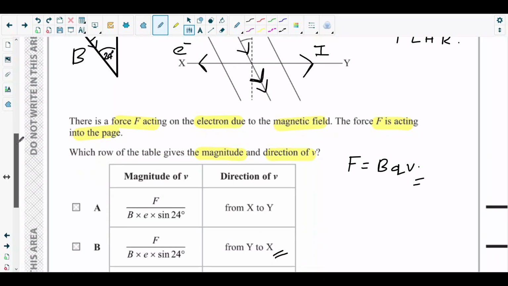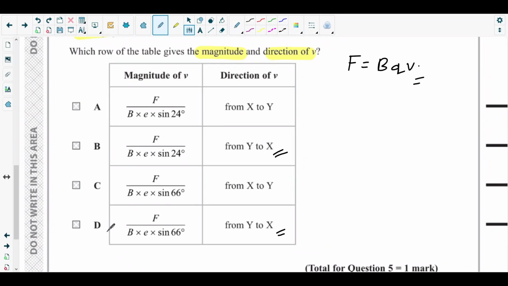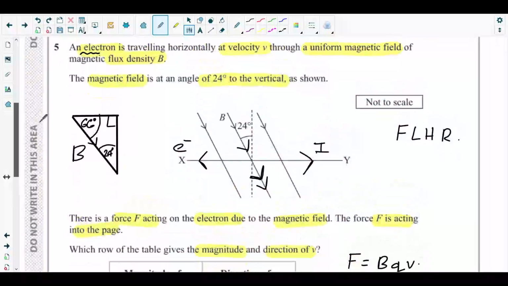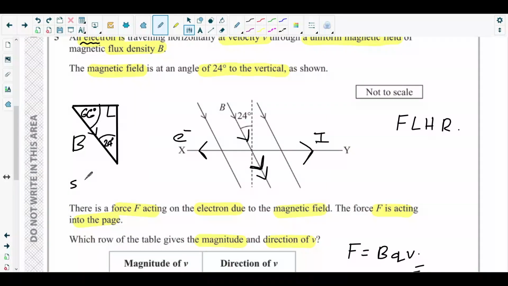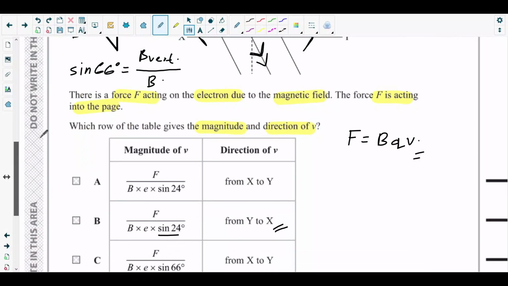Okay, so between B or D, they are considering sine. So we will use sine 66 degrees to get the vertical component. Sine 66 degrees equals B vertical, the vertical component of magnetic flux density, over the hypotenuse, B. So B vertical, the perpendicular component of magnetic flux density, is B sine 66 degrees.